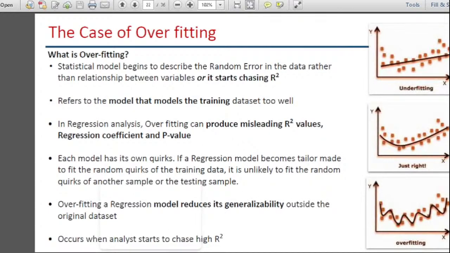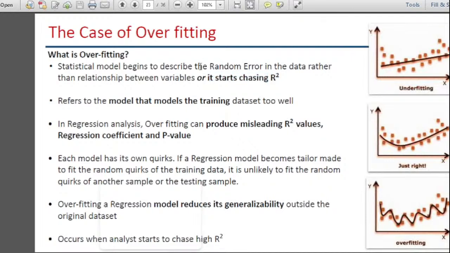The case of overfitting. What is overfitting? When a statistical model begins to describe the random errors in the data rather than the relationship between the variables. My blind focus is only on reducing the errors or increasing the R square. Notice here that I am developing a model on some training data.